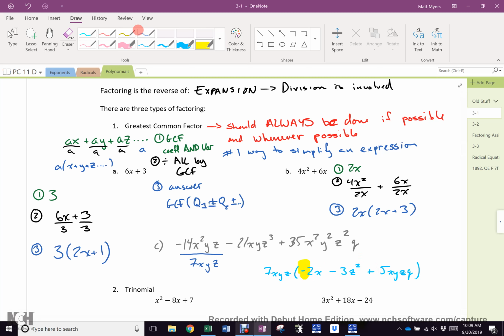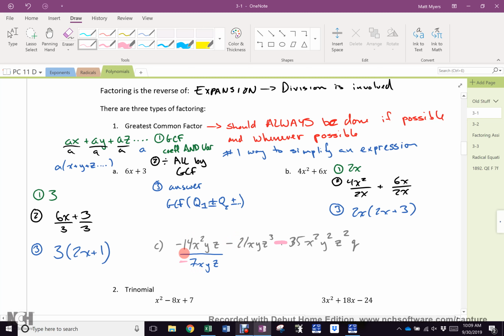But if I changed this to negative instead of positive, now I don't want a GCF because I want to get that negative out of there as well. So I would actually bring out negative 7. Even though negative 7 is not the greatest common factor, we want that negative out of there as well.